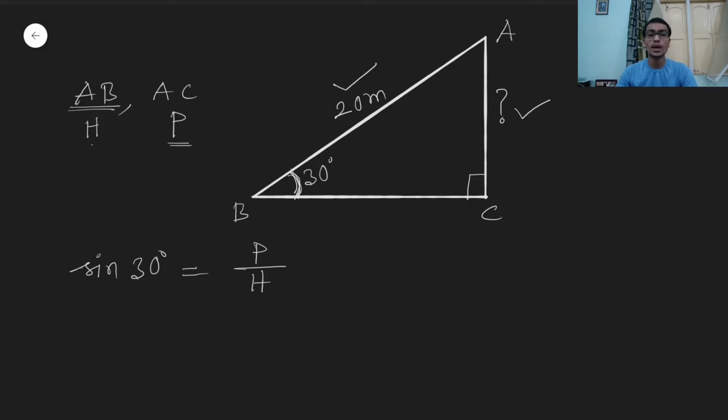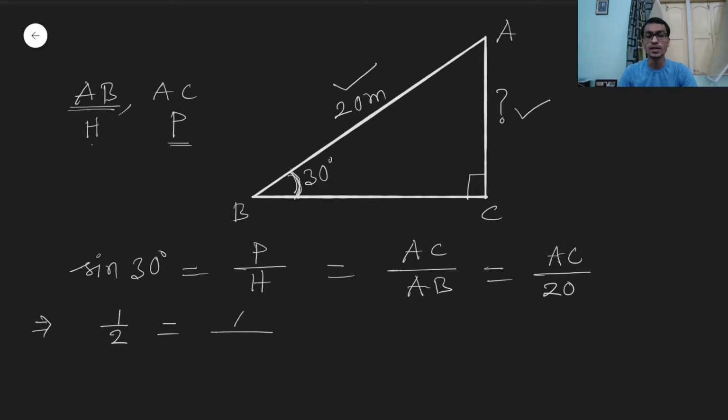We will consider sine 30 degrees equals perpendicular by hypotenuse. Here perpendicular is AC and hypotenuse is AB. The length of AB is 20 meters, which is given, so AC by 20. Sine 30 degrees is equal to half, so half equals AC by 20.